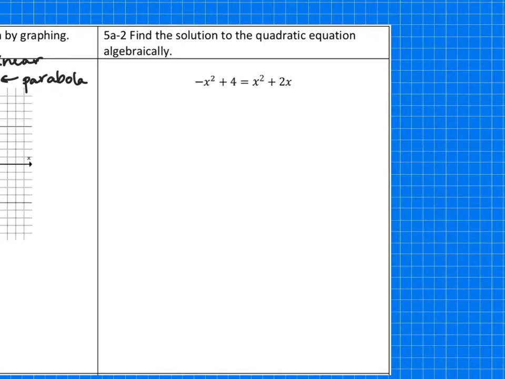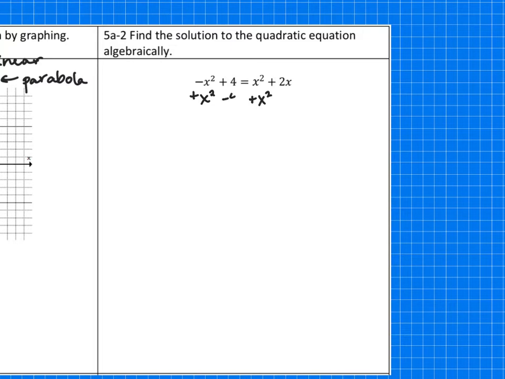Finding the solution to a quadratic algebraically. Anytime we've got x squareds and x's and they cannot be isolated, we need to use either the quadratic formula or factoring, which means we need to get everything over to one side equal to 0. So I don't want to have a negative x squared, so I'm going to add x squared to both sides.